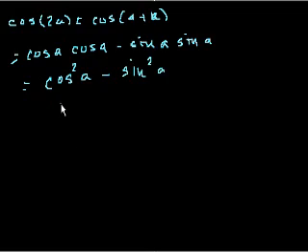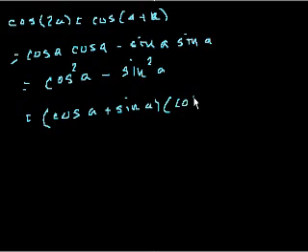Well, that's interesting. I don't know, we could play around. This is interesting, right? Because this is the form a squared minus b squared, so that's also the same thing as a plus b times a minus b. So that's the same thing as cosine of a plus sine of a times cosine of a minus sine of a.